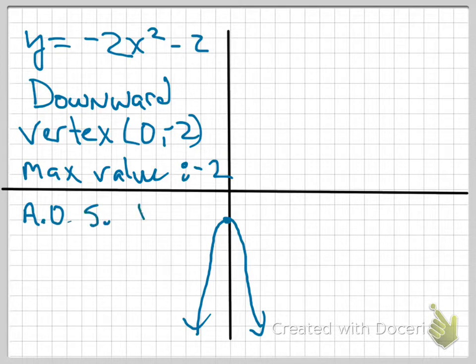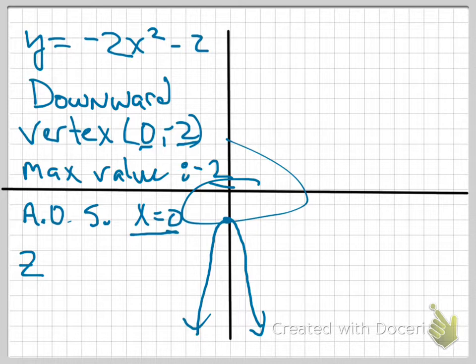The axis of symmetry is x equals 0. Again, the y becomes the max value, the x is the axis of symmetry. And then the graph doesn't cross the x-axis at all. So there are no zeros.